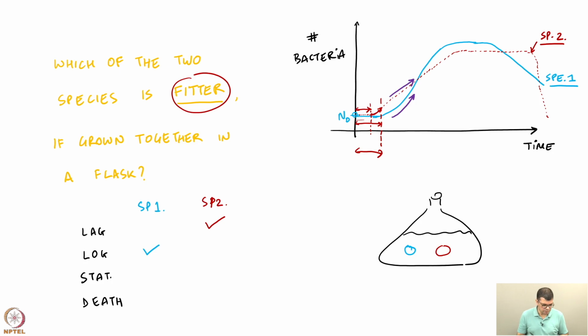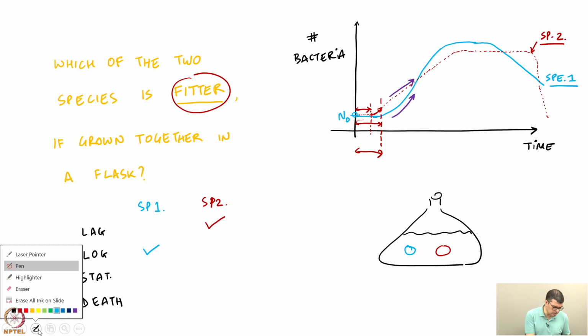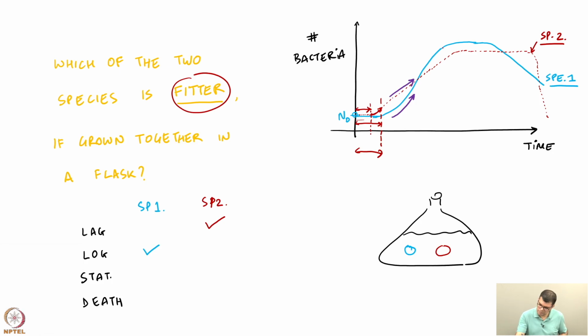Next, we said that stationary phase is a measure of resilience of a species to keep the death rate balanced exactly by the birth rate. If we look at how long these stationary phases are for these two species, for species 1, this is the duration of the stationary phase.